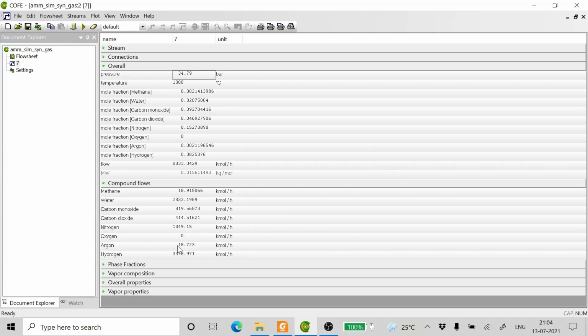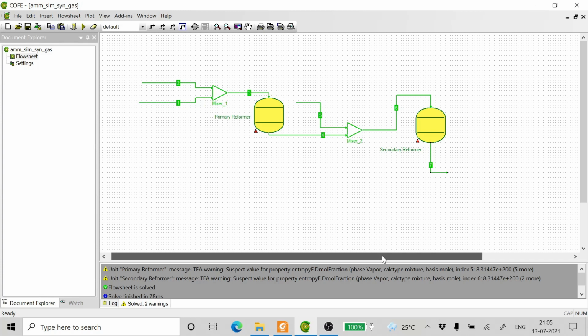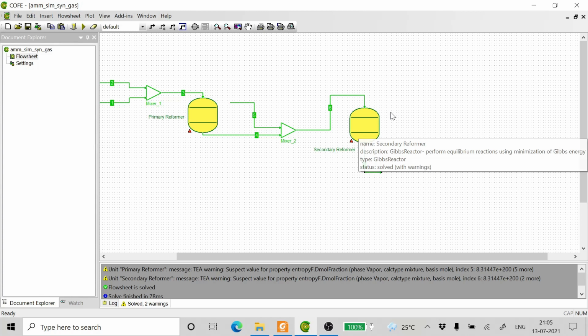Now we can see here that the ratio of nitrogen and hydrogen is not to our liking. This value should be somewhere around 4200. That correct ratio of hydrogen is achieved by using shift reactors. So what we do now is, the shift reactor is going to be similar to the primary and the secondary reformer, but the only difference is it is going to have one reaction.